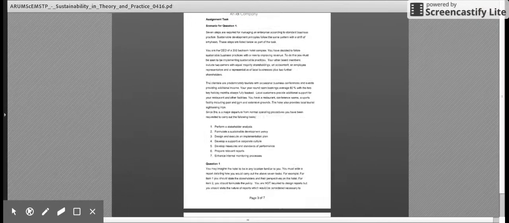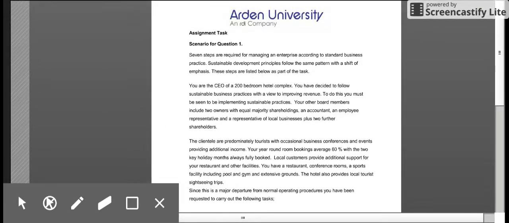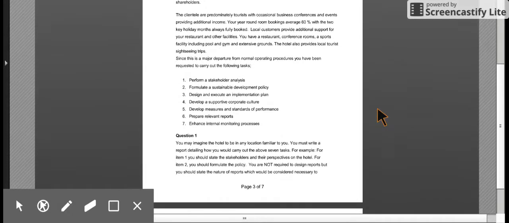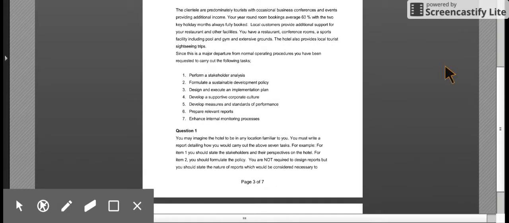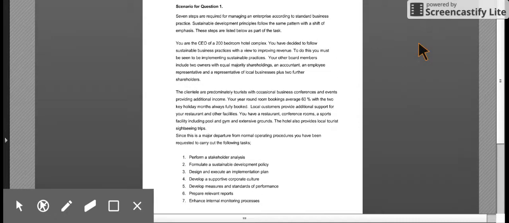An accountant, so all they're going to primarily be interested in is that whatever we choose to do is financially viable and makes sense. We have employee representatives, so they're going to be interested in ensuring that the employees' interests are taken into account. And then representatives of local businesses, so they're going to be interested in what we can do to make our enterprise, if you like, as attractive to them.